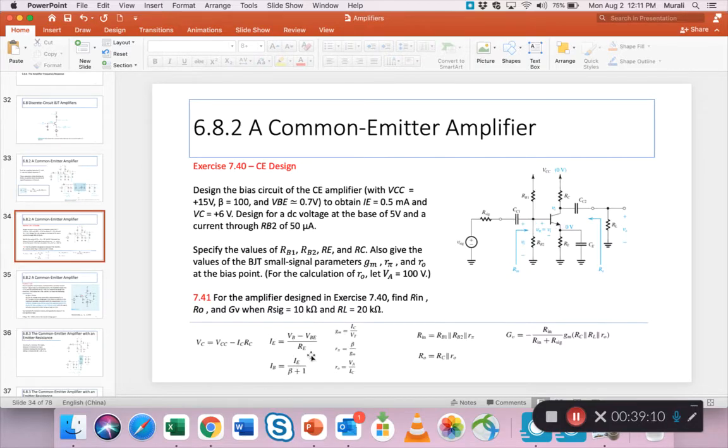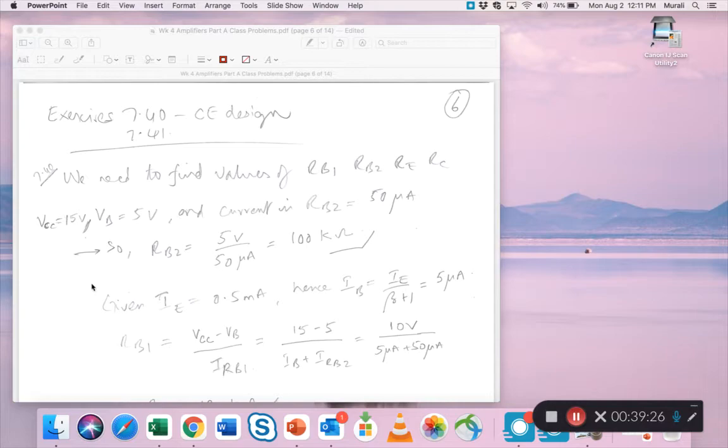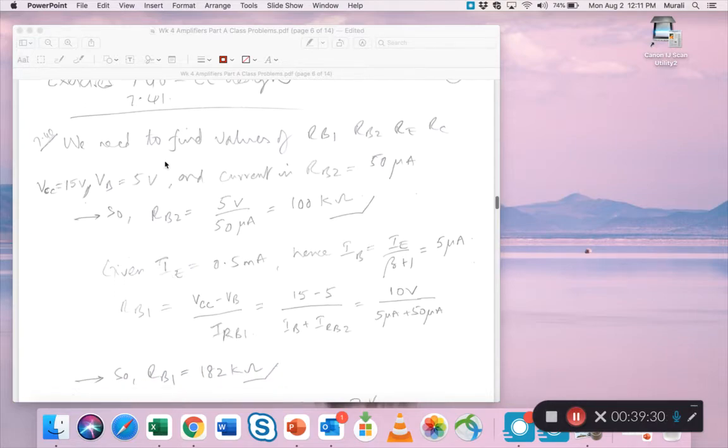And then IB is connected to IE, which is given by this. And then for 7.41, Rin, Ro, Gv. So once you have all the formulas, it is just a straightforward application of these formulas, okay?